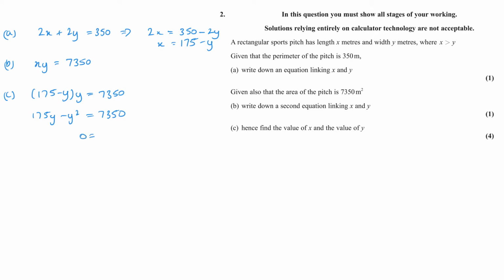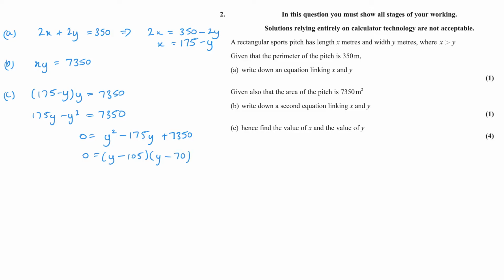Take everything to the right hand side and we get y squared minus 175y plus 7350. And then factorize, so we get y minus 105 and y minus 70.